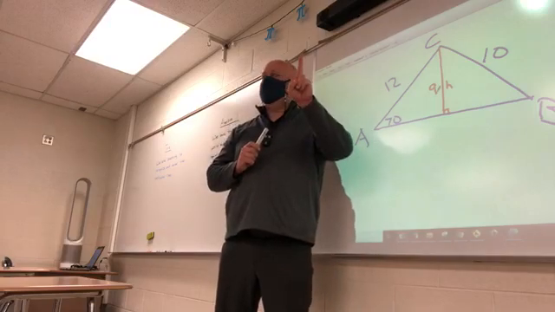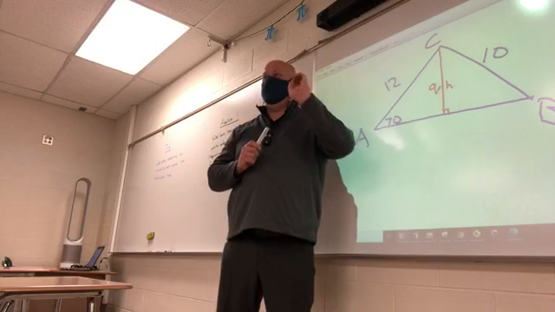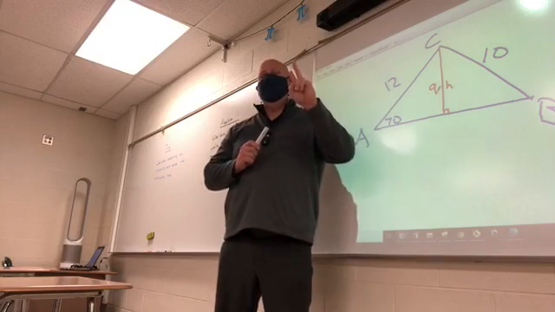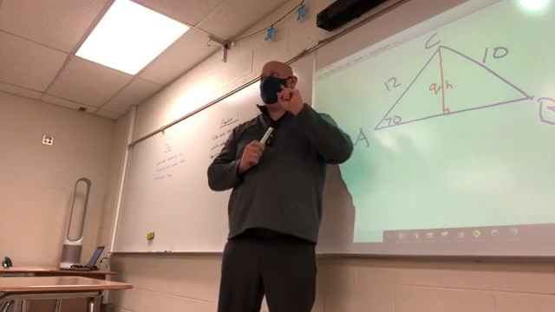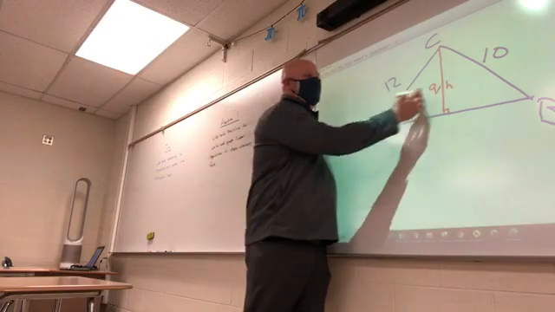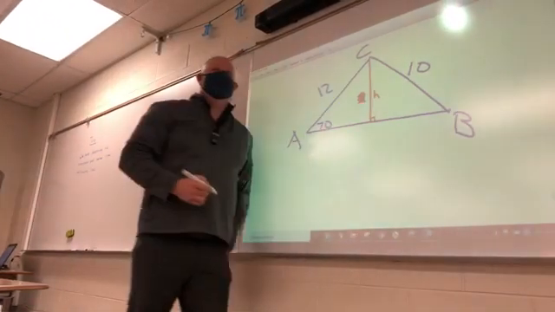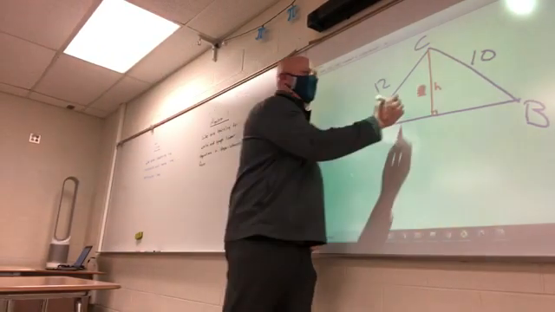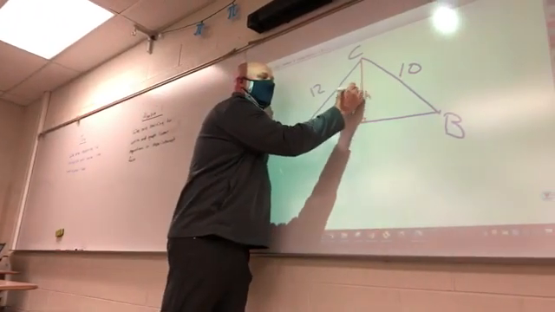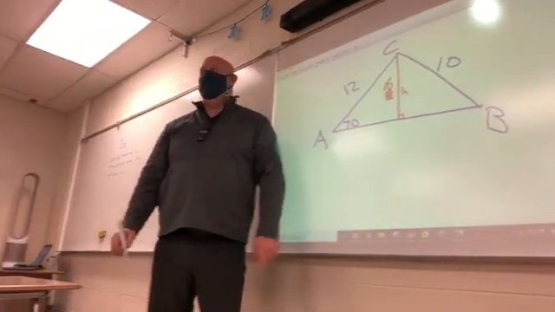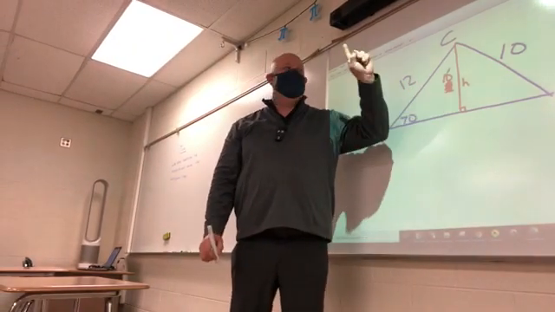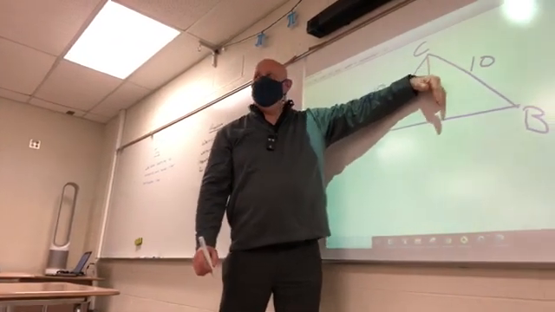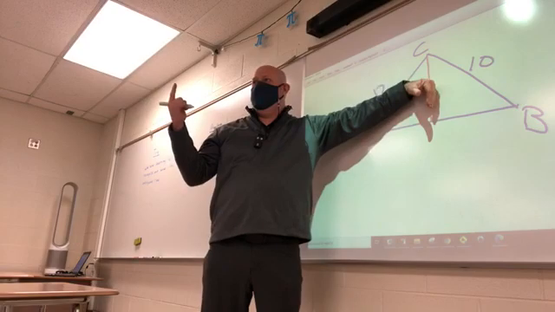There's 2 solutions. It's basically either 0 or 2. There is the chance that it's 1. The only way that it's 1 is if this height comes out to exactly 10. If it comes out to exactly 10, I know when I swing that down, it's going to create 1 triangle.